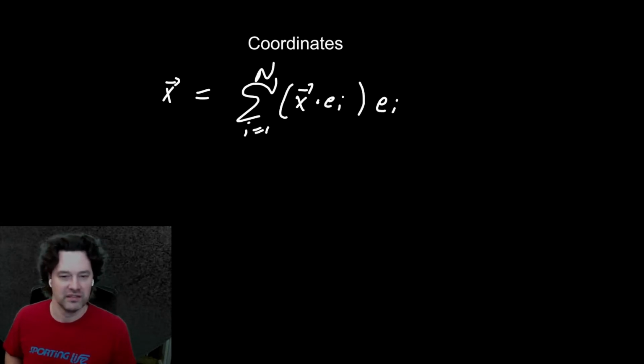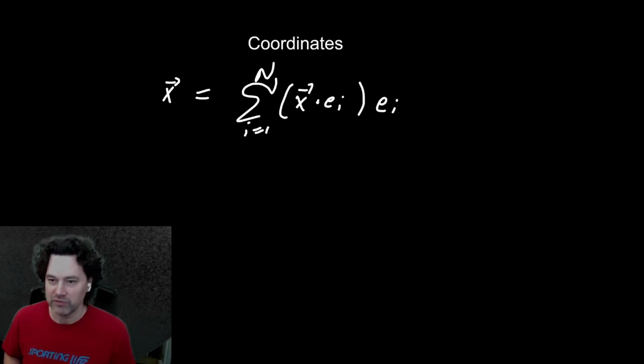So how do we generalize this? This decomposition required that our e_i all be orthonormal, so all mutually perpendicular plus all unit vector length.